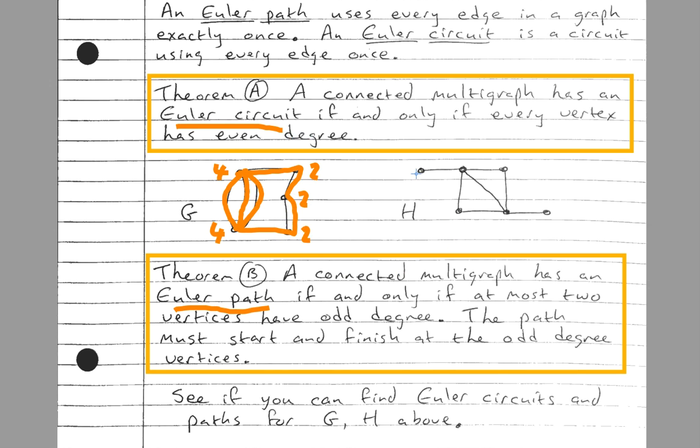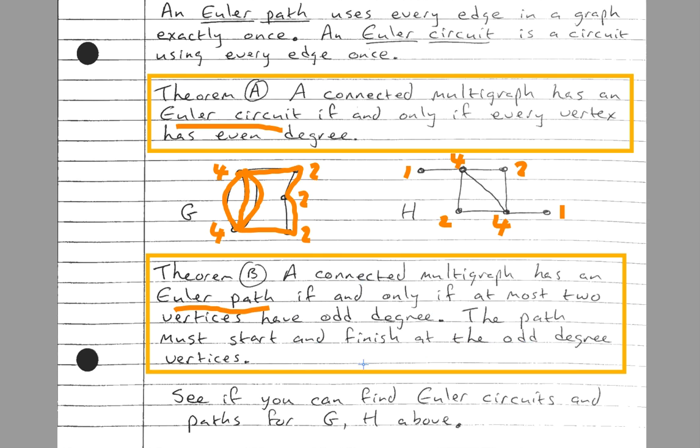You can see these two vertices are degree 1, so this graph does not have an Euler circuit according to the theorem. It's got some odd degrees, but only two odd degrees. So theorem B says there is an Euler path. No Euler circuit, but there is an Euler path.